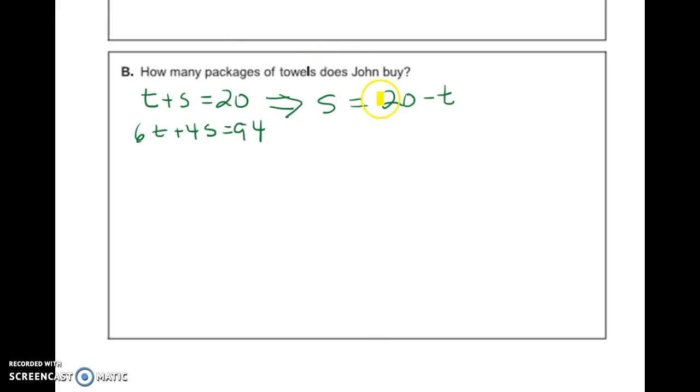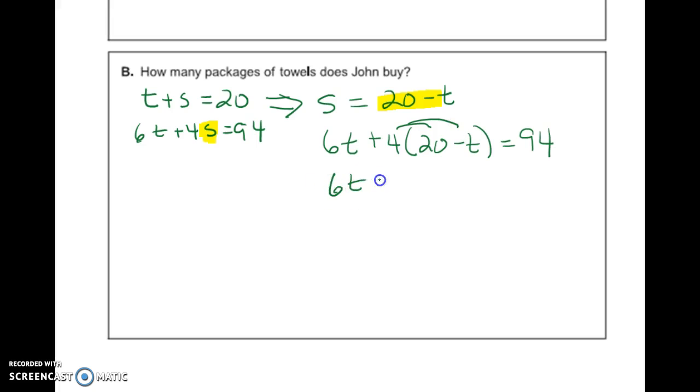Now, because S and 20 minus T are the same thing, I can replace it in the second equation. So my second equation now becomes 6T plus 4 times 20 minus T equals 94. From this, I can just solve for T. Distribute: 6T plus 80 minus 4T equals 94. Combine like terms, so I get 2T plus 80 equals 94.